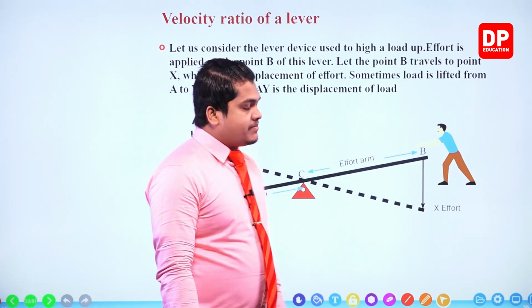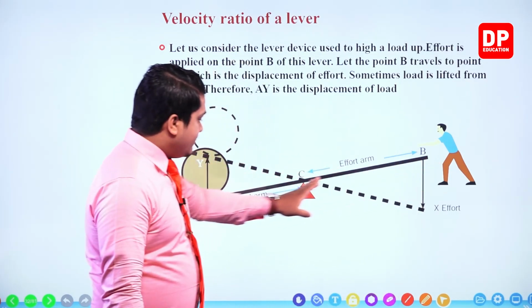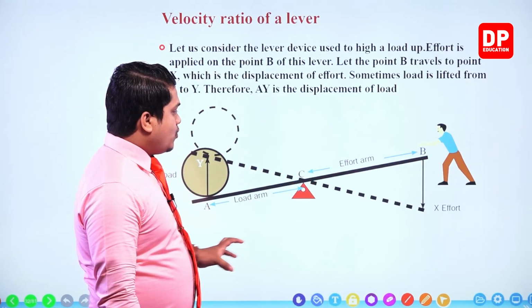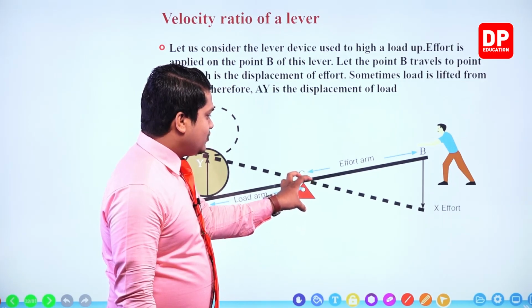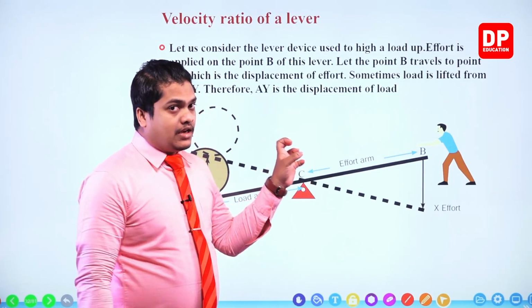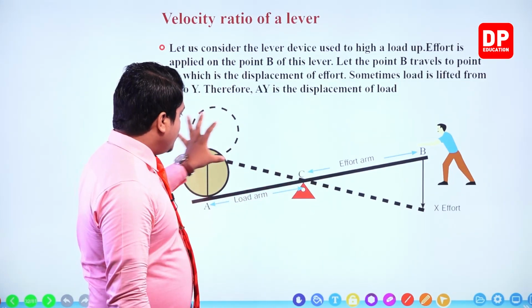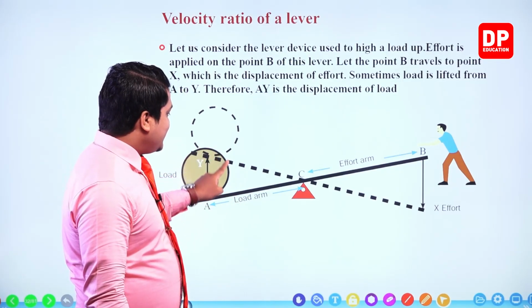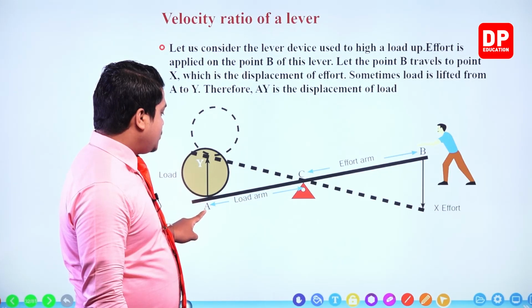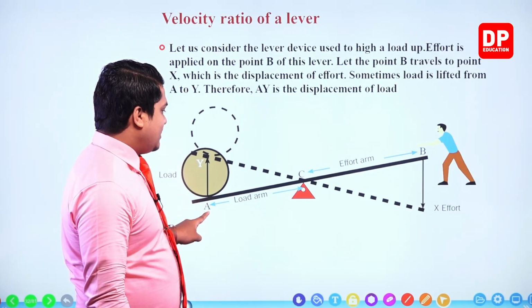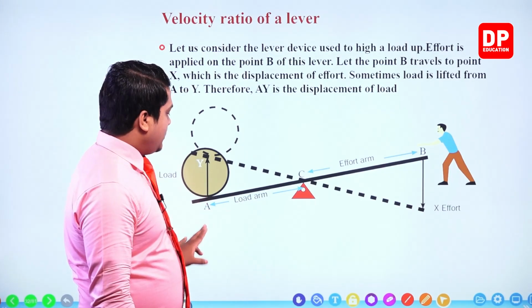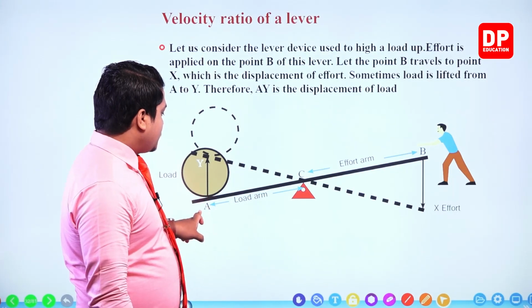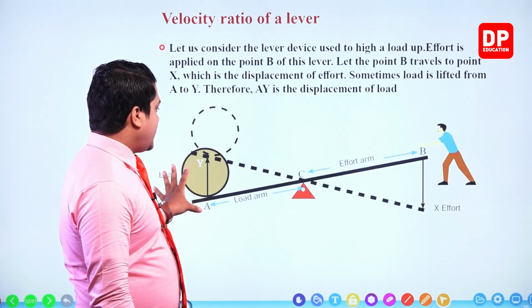Here, my dear children, this is the lever rod which is firmly fixed to the point C, the fulcrum, and here you can observe the load. The load is initially positioned at point A. Let's imagine that is the ground level. So the load is positioned at A, right?